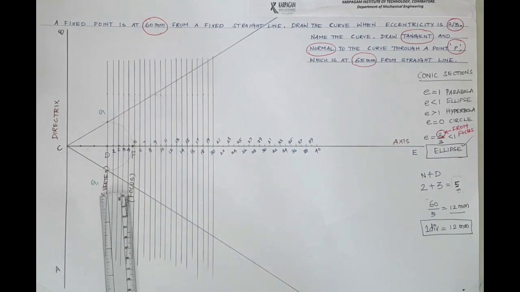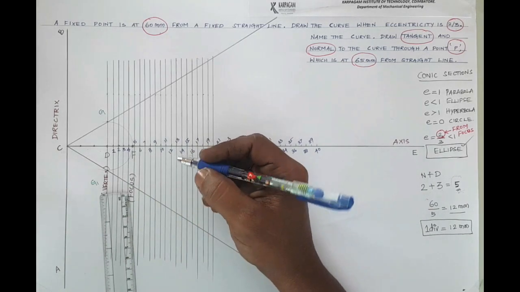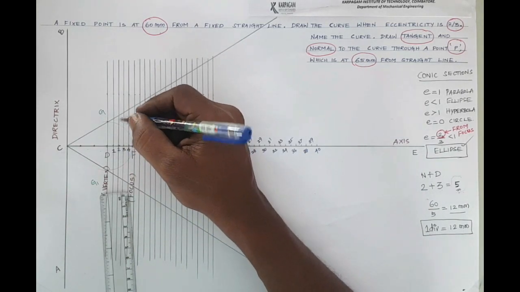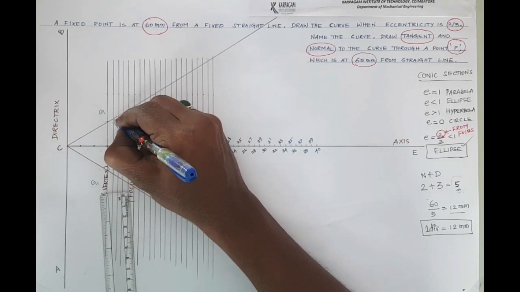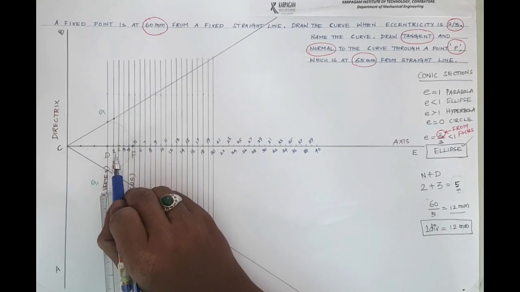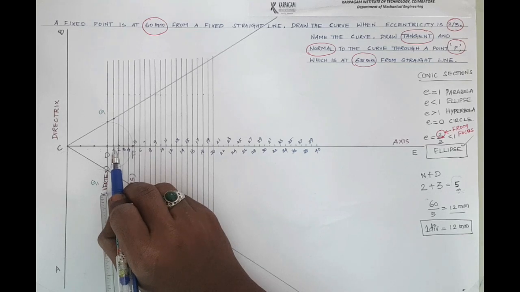Okay. Next, it's very simple. Mark the names for the top points. This is 1 on the horizontal line.